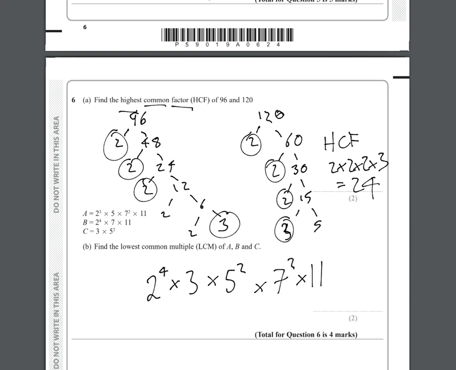Work that out. We get the massive 646800.